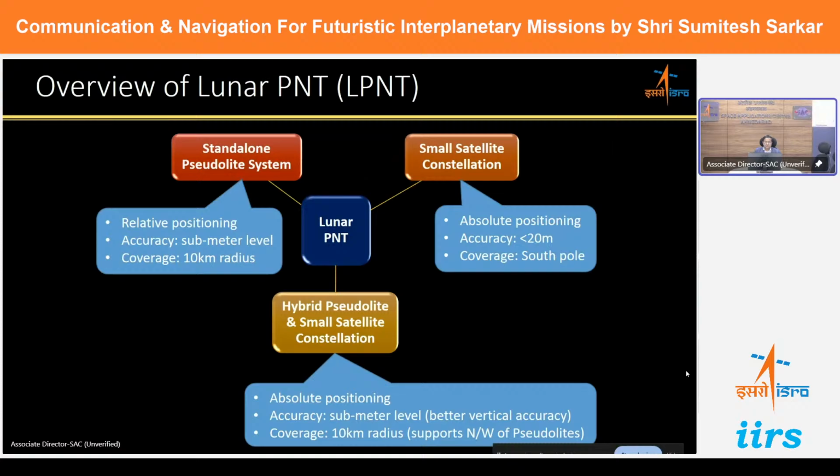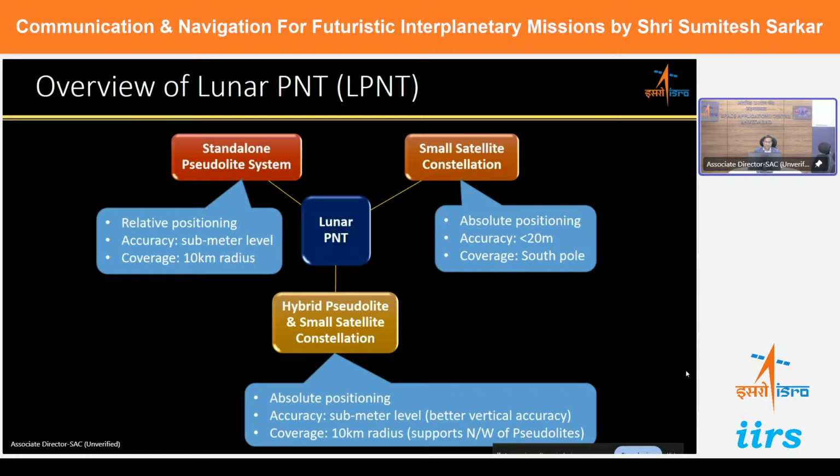And there is another type of system that is called a relative positioning system. They consist of pseudolites. Pseudolites basically work like smaller satellites, but they are smaller terminals which transmit their own location. But this works in a limited area. For a limited area, you can get the location service.